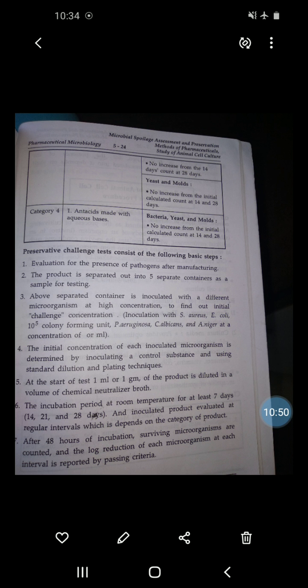After 48 hours of incubation, the surviving microorganisms are counted, and the log reduction of each microorganism at each interval is reported against the passing criteria.